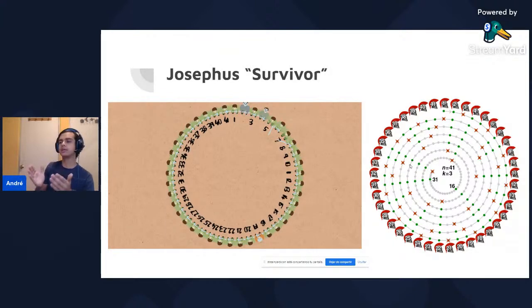For example, in this case, we want to get the position that is going to be saved. So in which position would I need to be standing, so that after all rounds I am alive, I am safe, and I'm the only one safe. And there you can solve the issue.